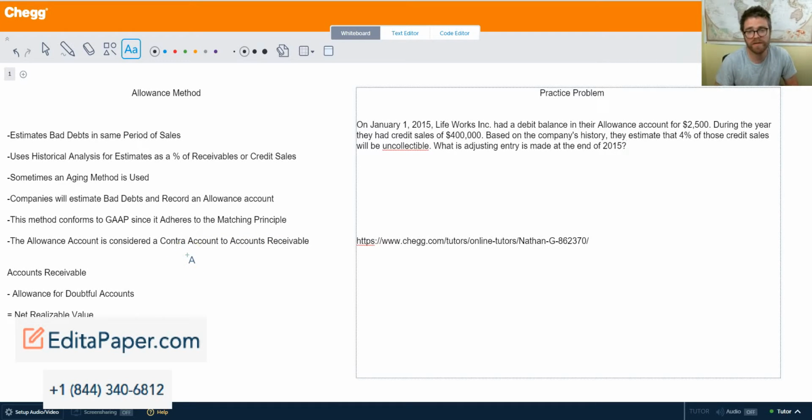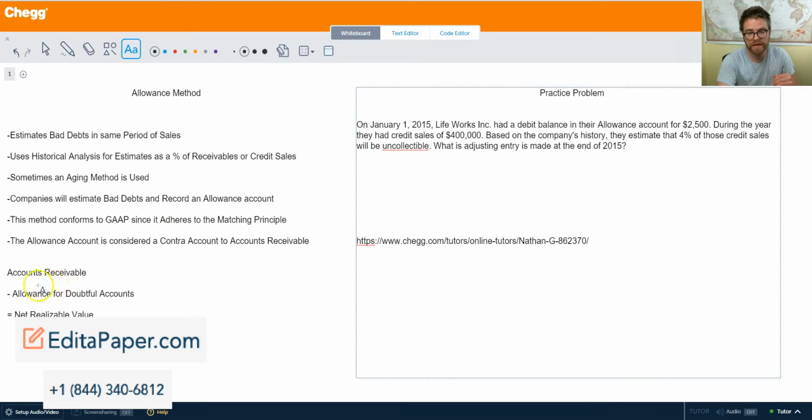When I mean offset, it's the opposite, so that's what they call a contra account. So that allowance account you actually deduct from your receivables, because you expect not to receive a portion of those receivables. So you set up that allowance account and you deduct it from your accounts receivable. Once again, this method does conform to GAAP since it adheres to the matching principle.